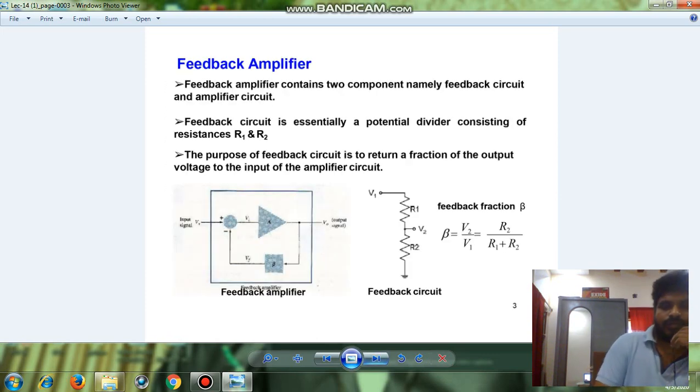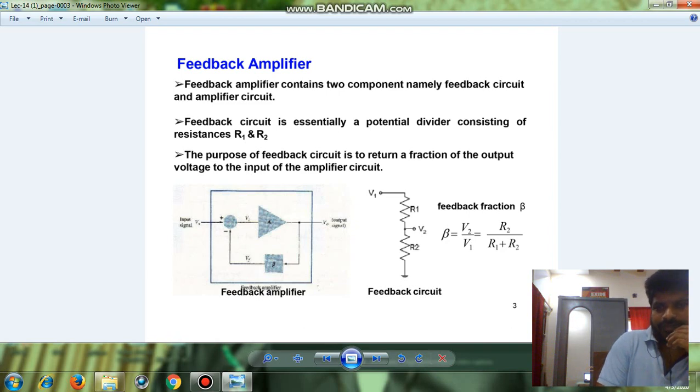So let me discuss what is meant by a feedback amplifier. Actually, the feedback amplifier is a circuit which consists of two main circuits. One is the feedback circuit, another one is the amplifier circuit. As you know, the amplifier circuit is just to amplify the signal.